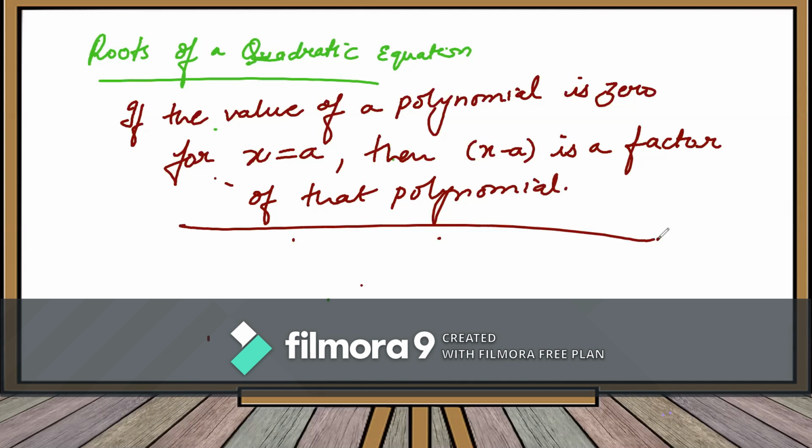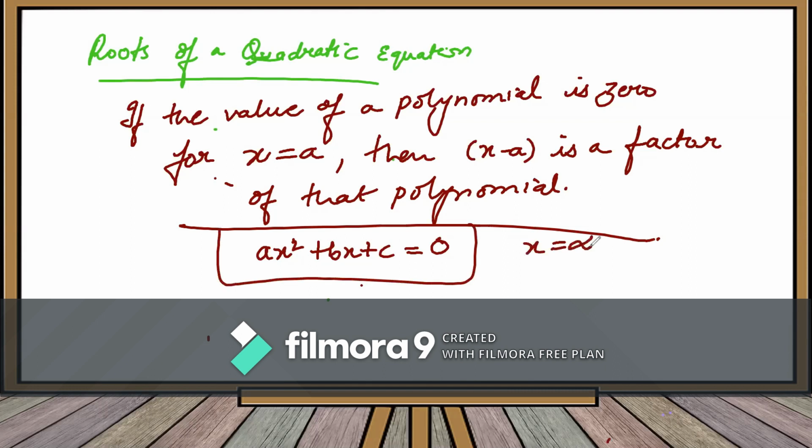So if we have a polynomial like ax squared plus bx plus c equal to 0, and I have been given that x equal to alpha is a root of this equation, that means when I substitute the value of x as alpha in this equation, it will be equal to 0.